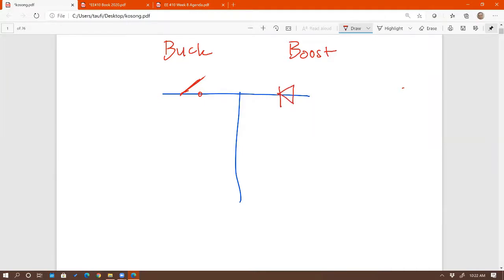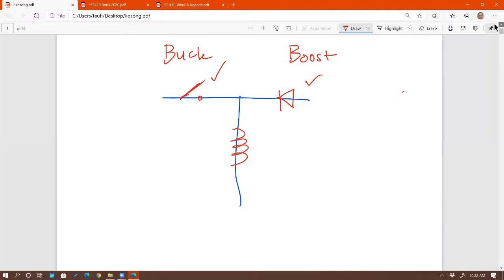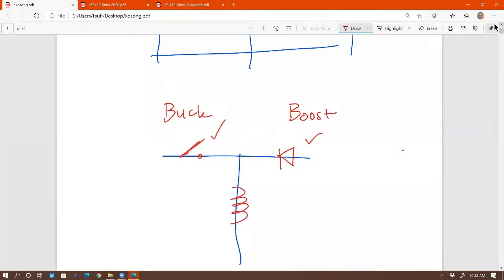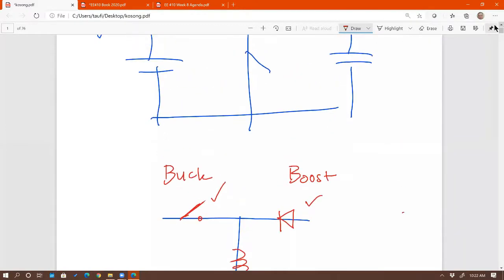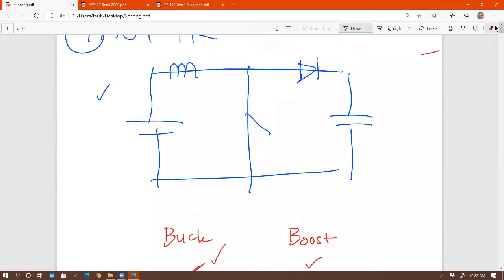So if you have the switch here, the diode here, that means in the middle, it must be which one? Inductor. Yes, right there. That's a buck boost. So that's why I said, if you understand buck, then even drawing boost and buck boost will be easy. Any question on this?